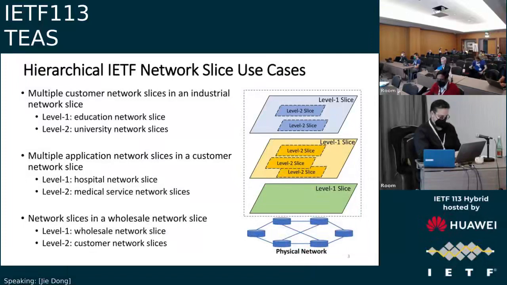For example, in the hospital network slice, there can be different network slices for different types of medical services. And the last one is a wholesale scenario in which a wholesale network slice can be requested to further provide customer network slices for the services. In this case, the wholesale network slice is a level 1 slice, and there can be multiple customer network slices as level 2 slices in this level 1 slice.